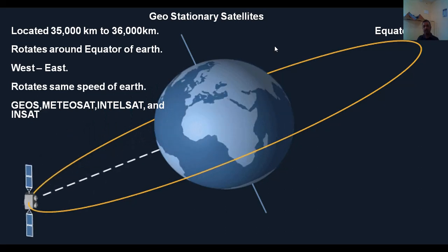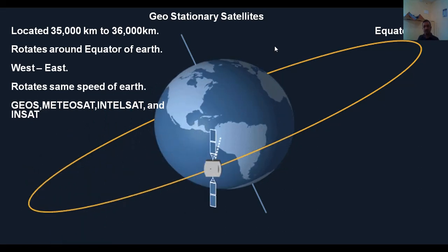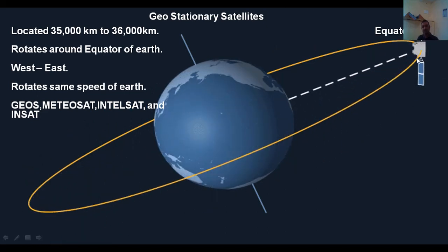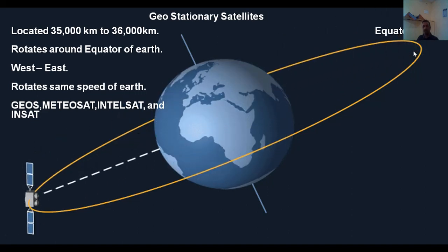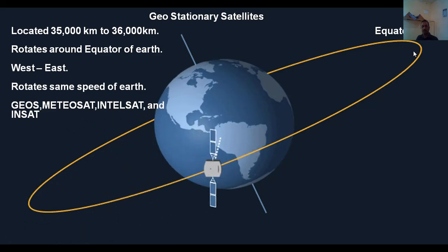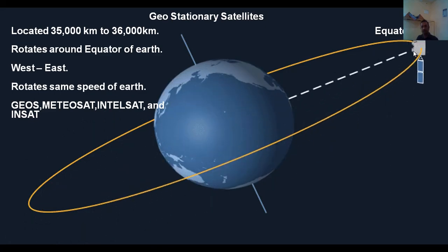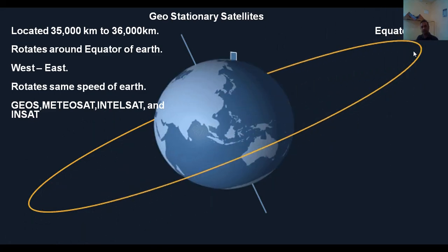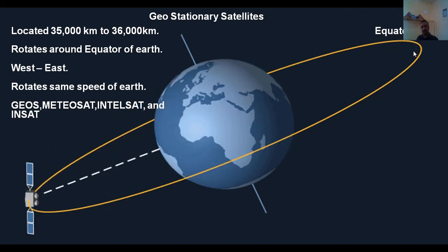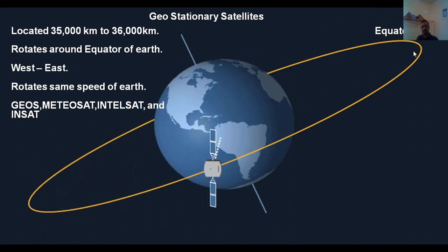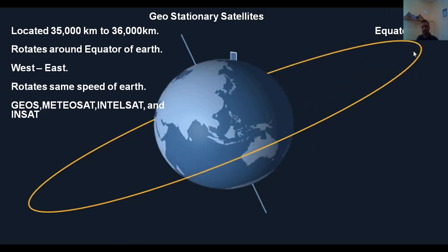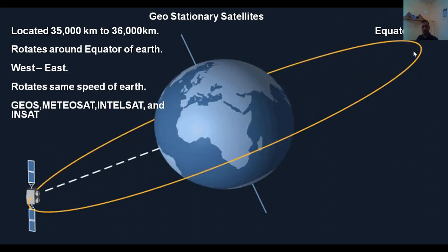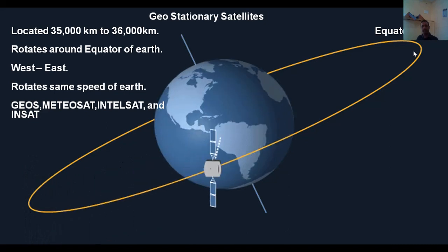Let us say you are located here, for example. Then the satellite rotates along with you. Why? Because the earth is also rotating, the satellite is also rotating, and the earth velocity and satellite velocity are the same, so it stays stationary around the orbit.